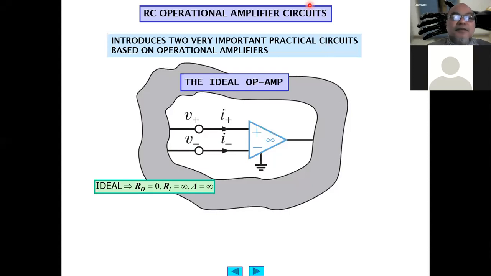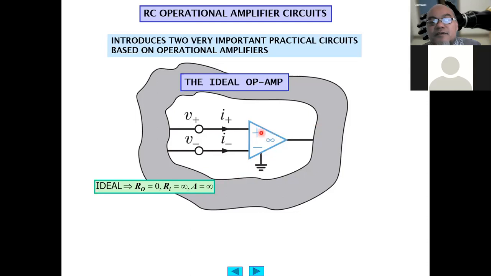Here we use the ideal op-amp approximation. What is the ideal op-amp approximation? In an ideal op-amp, the output impedance is 0, the input impedance is infinity, and the gain is also infinity.